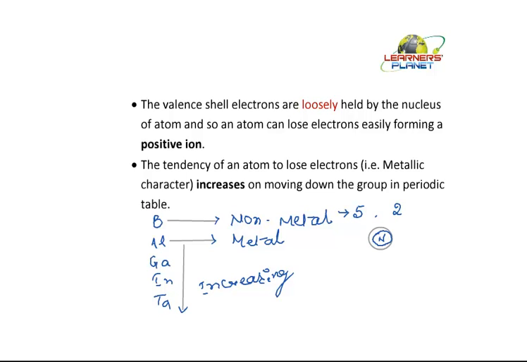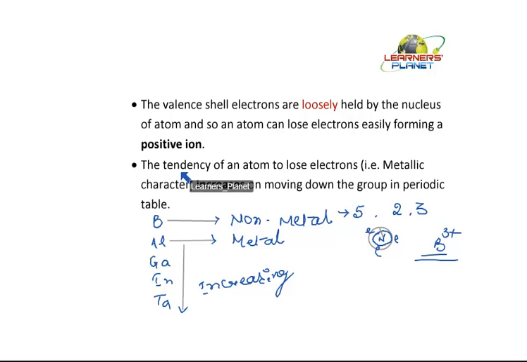It will be 2, and there are only 2 shells. So it would be 3, right? So the nucleus exerts greater force of attraction on the 3 electrons. So it is difficult for boron to form B3+ ion. Okay. So what happens is that it is a non-metal.